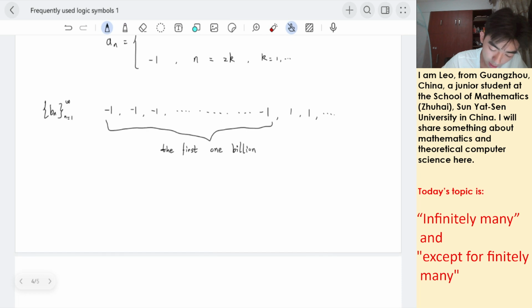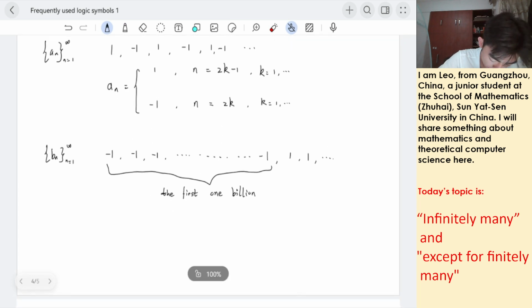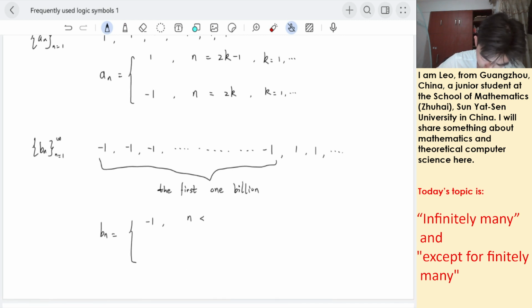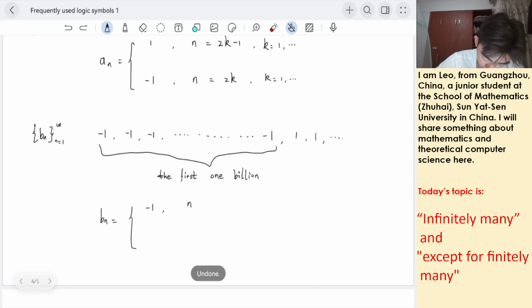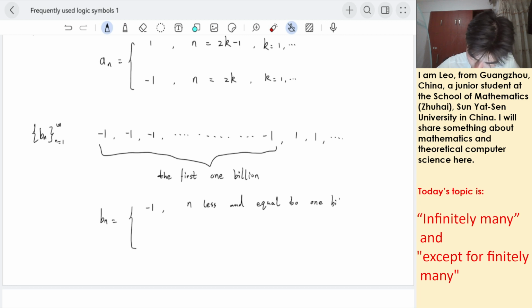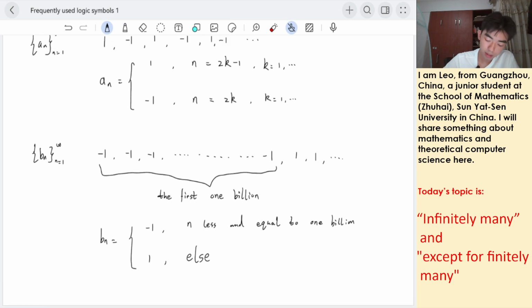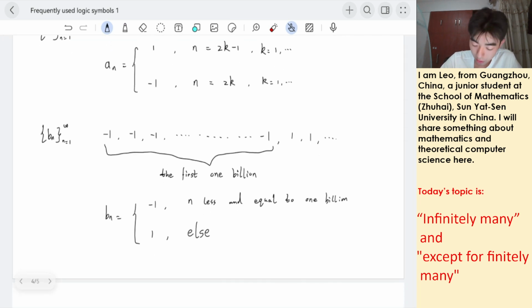Okay, let's write it clearly. That is, bn equals minus 1 when n is less than or equal to 1 billion, and bn is equal to 1 for all other n, that is, n greater than 1 billion.